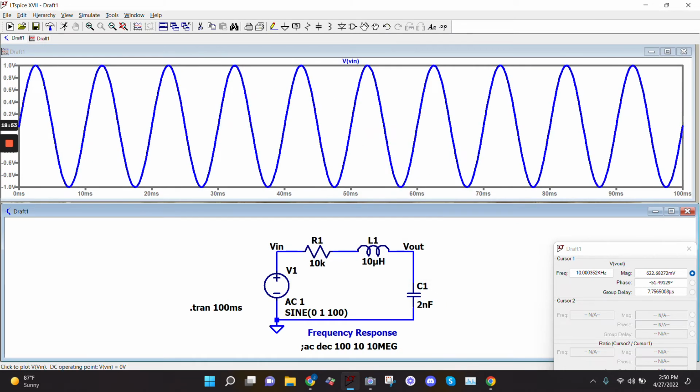So there's my input and there's my output. They're exactly the same. You see that? So when I ran the AC simulation, that's exactly what it told me would happen at that frequency. Does that make sense?